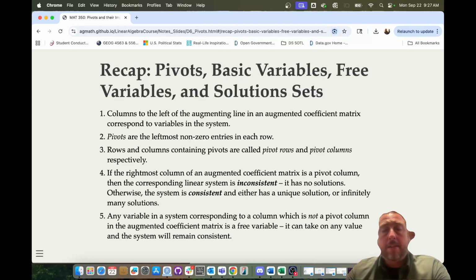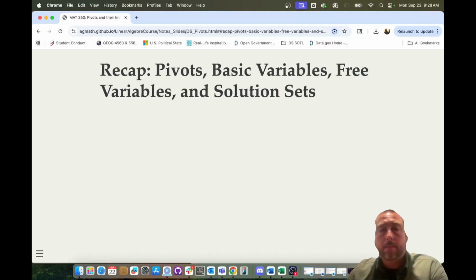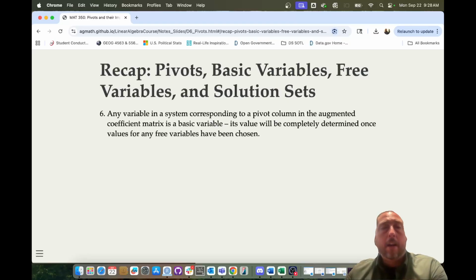Any variable in a system corresponding to a column which is not a pivot column in the augmented coefficient matrix is a free variable. Free variables can take on any value, and the system will remain consistent. The choices for the free variable's value, though, may influence the value that a basic variable must take on. Any variable in a system corresponding to a pivot column in the augmented coefficient matrix is a basic variable.